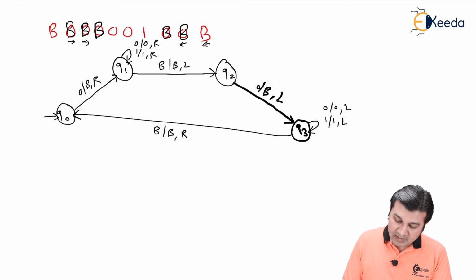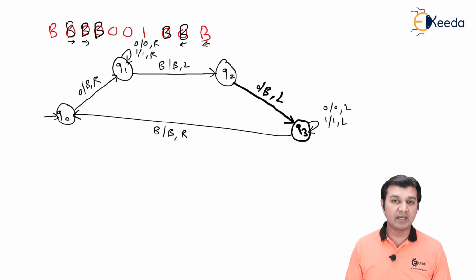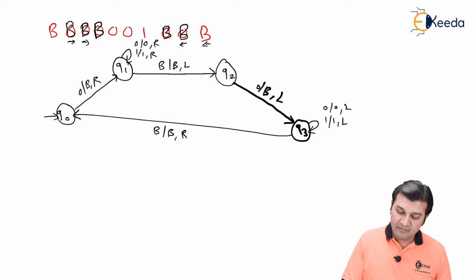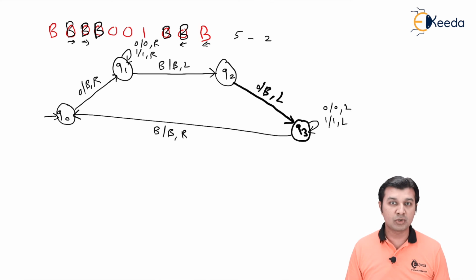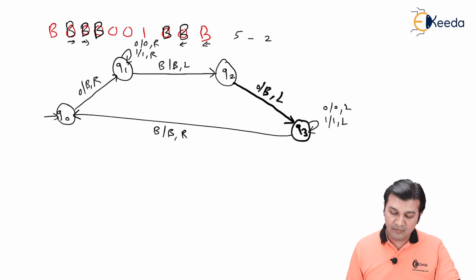Now friends, in state Q2, we were expecting a 0, but unfortunately now in state Q2, we are not finding any 0 over here. That signifies that m is greater than n, and we know that when m is greater than n, where over here m's value was 5 and n's value was 2, the answer of 5 minus 2 has to be 3 zeros, and we currently see that on the tape we are able to find just a single 1 and 2 zeros.